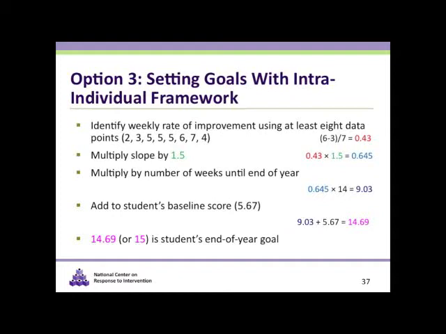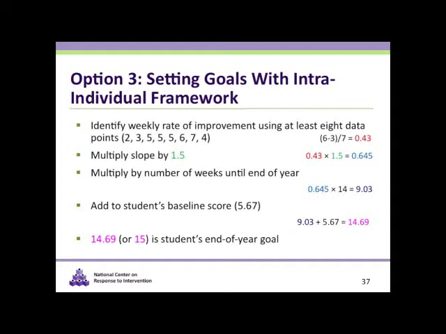The slope, which was calculated to be 0.43, is then multiplied by 1.5, giving you 0.645. Multiply the product of 0.645 by the number of weeks left until the end of the school year, or instructional period. If there are 14 weeks left until the end of the year, 0.645 multiplied by 14 equals 9.03.